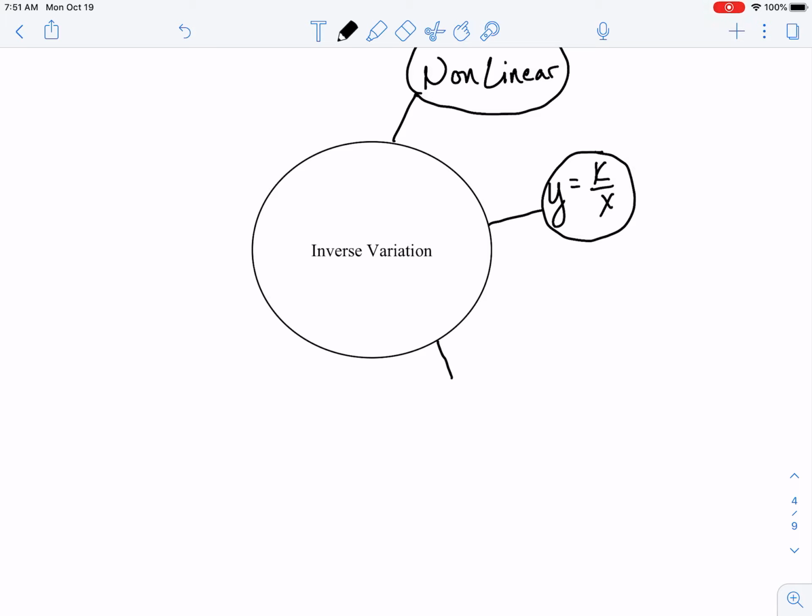The graph is going to look something like this. So it's kind of going to look like an exponential function, just backwards.